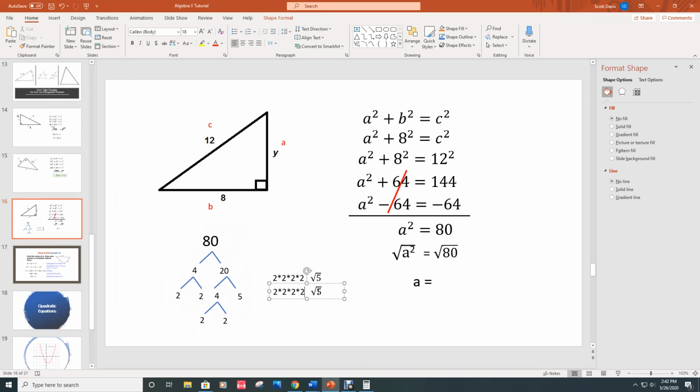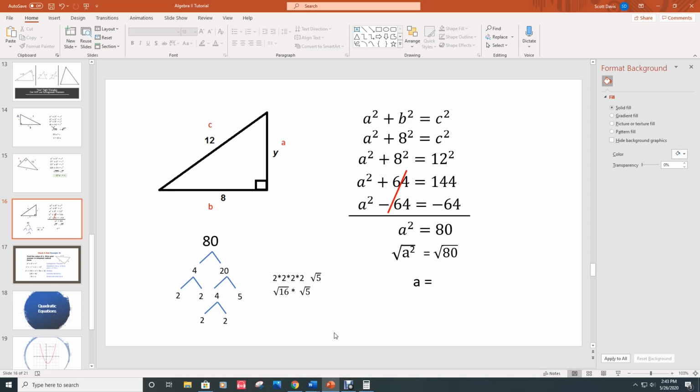So that one gets a square root as well, just like this one. Okay. So now we've done the square root of 16 times the square root of 5.